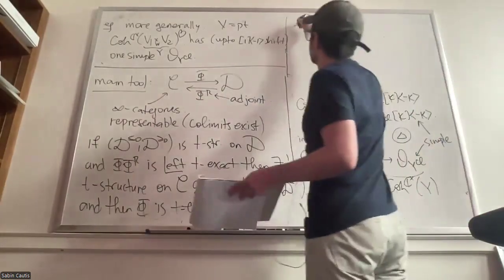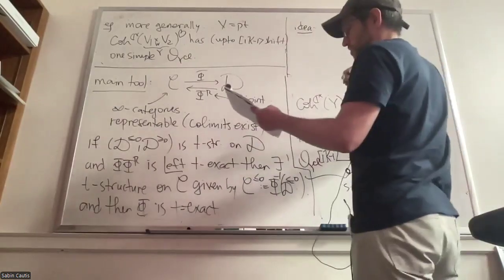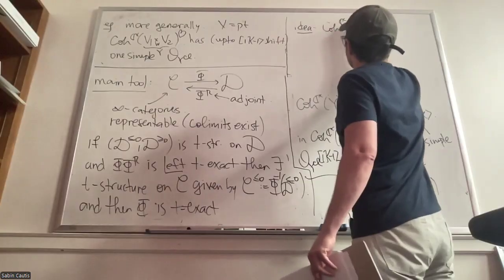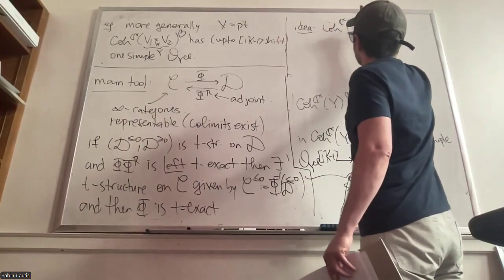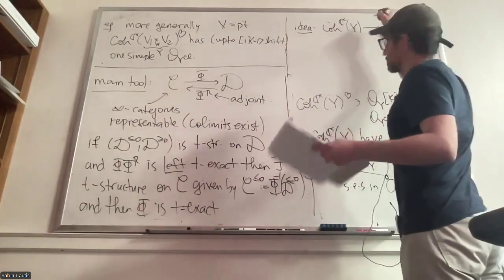And the idea is, how does this relate to what we're doing here? The idea is, for example, to look at this functor. I guess I called it I1.